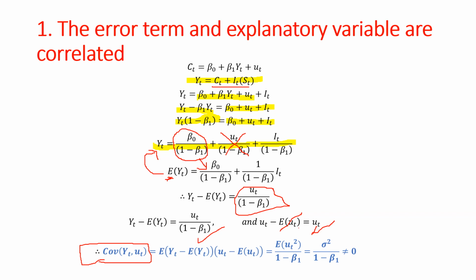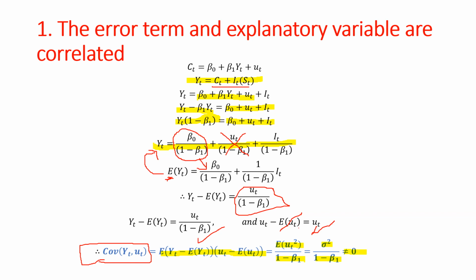So taking the covariance between U and Y, we have the expected value, by definition, of Y minus expected value of Y, multiplied by U minus expected value of U, which is equal to the expected value of U squared over 1 minus beta 1, which is equal to sigma squared over 1 minus beta 1, and of course this quantity does not equal 0.